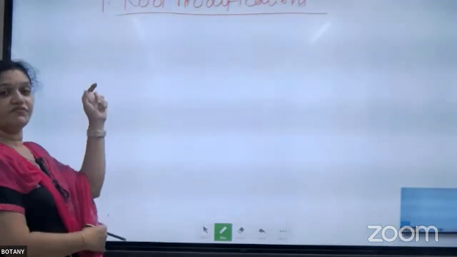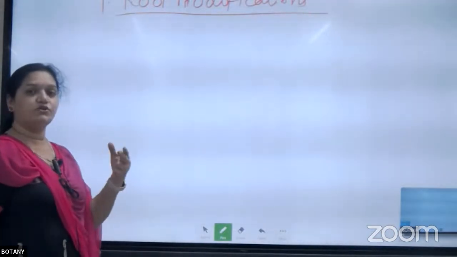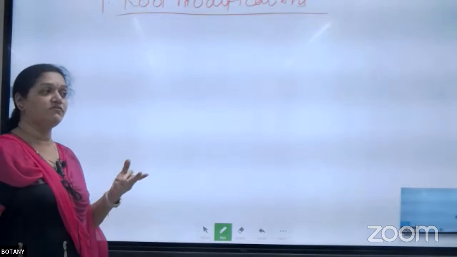What is meant by modification? Change of a part to do some special functions.